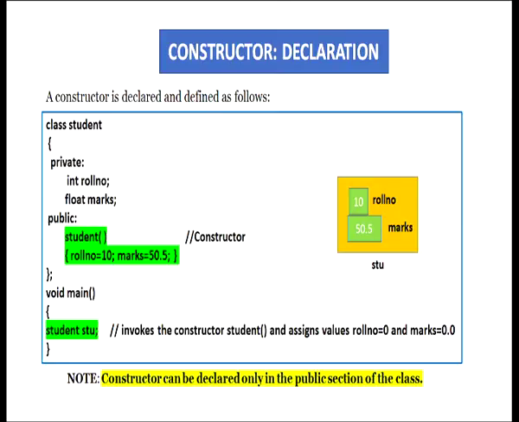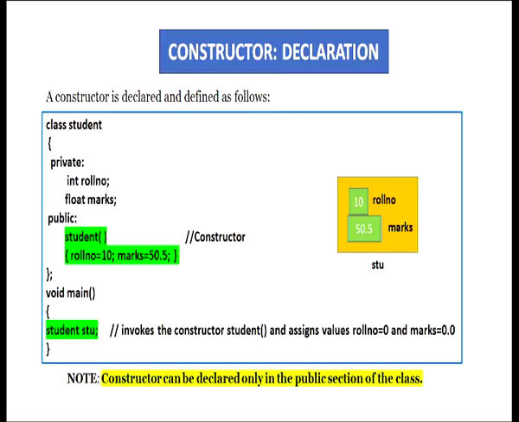The body of the function contains the initialization statements of the members of the class, especially data members. You can see here we have assigned the value 10 to roll number and to marks we have assigned the value 50.5. Now, at present no value will be assigned to these data members.